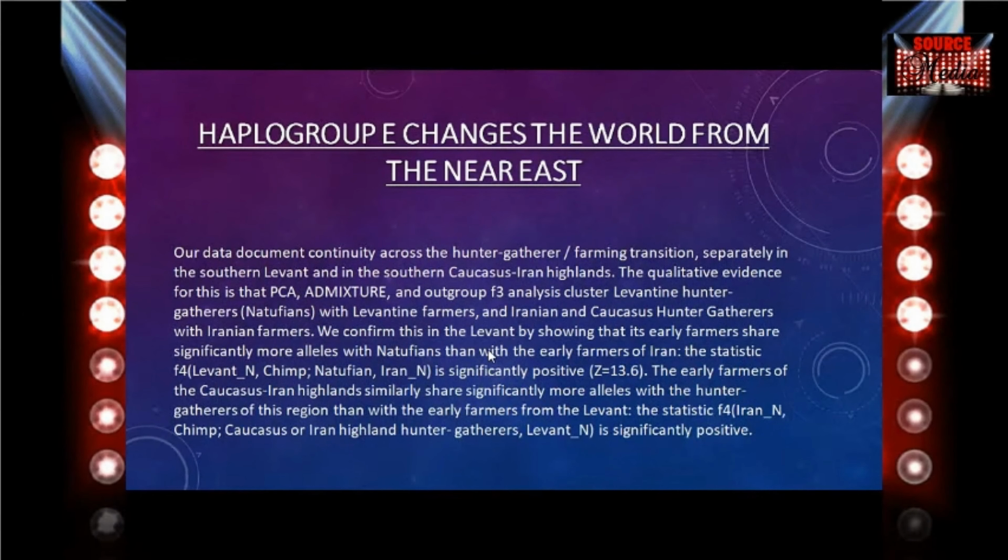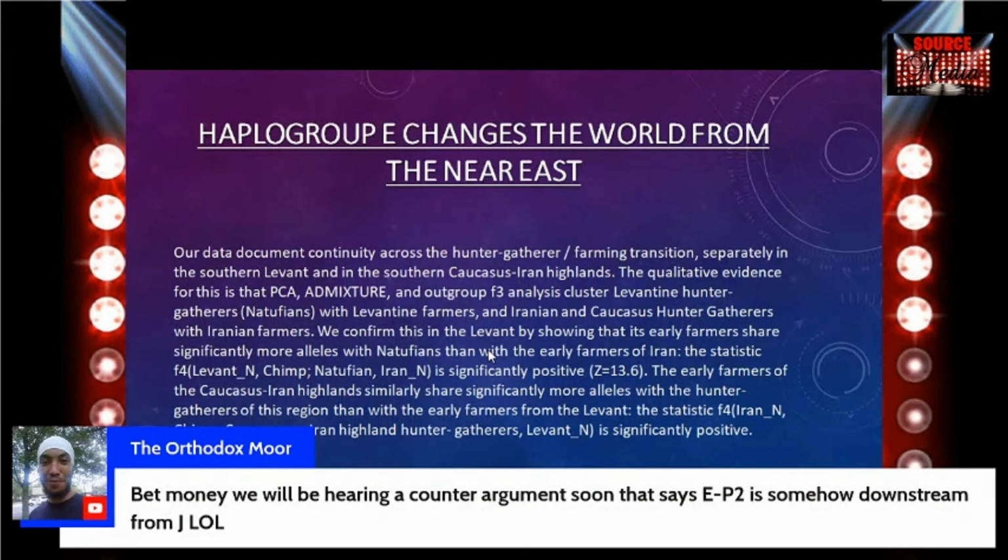Our data document continuity across the hunter-gatherer and farming transition, separately in the southern Levant and in the southern Caucasus Iran highland. Qualitative evidence from this is that principal component analysis, admixture, and outgroup F3 analysis cluster Levantine hunter-gatherers, Natufians with Levantine farmers, and Iranians and Caucasus hunter-gatherers with Iranian farmers.